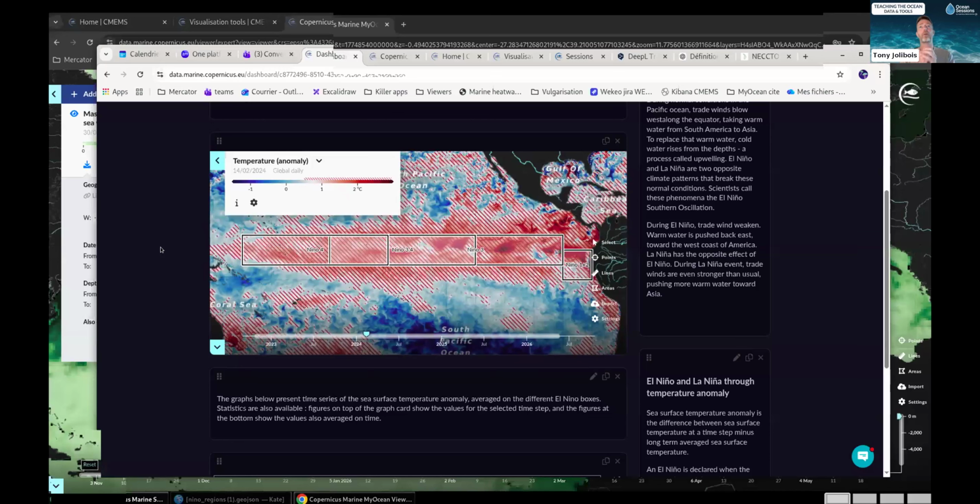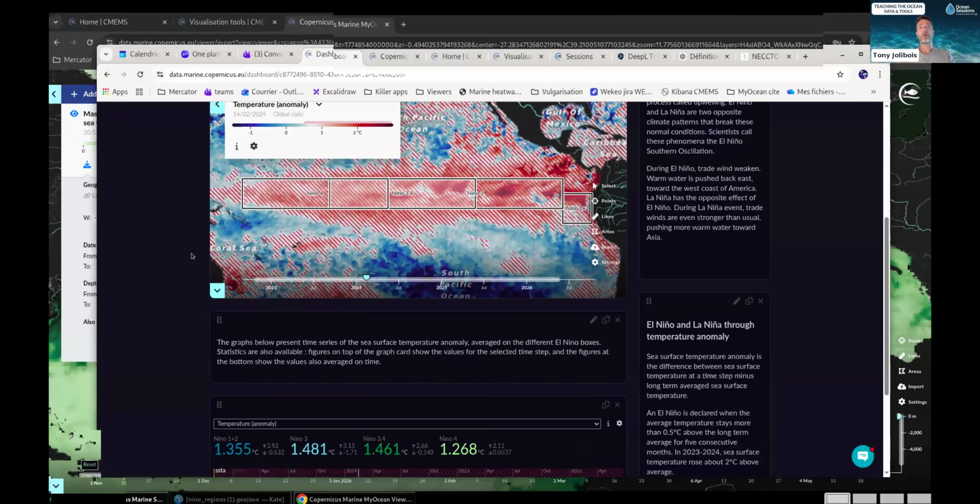So here, this is a map of temperature anomaly in the equatorial Pacific Ocean, and I've imported the different Niño boxes that are standard in the scientific world to monitor El Niño.